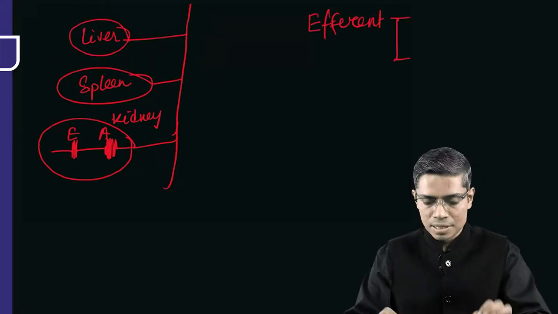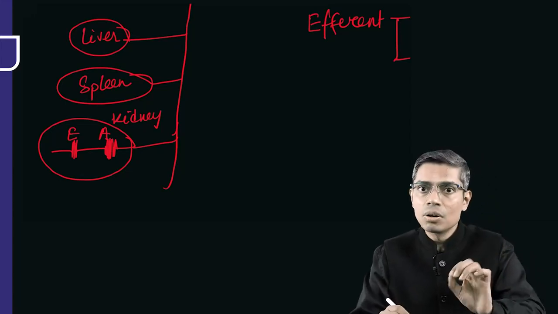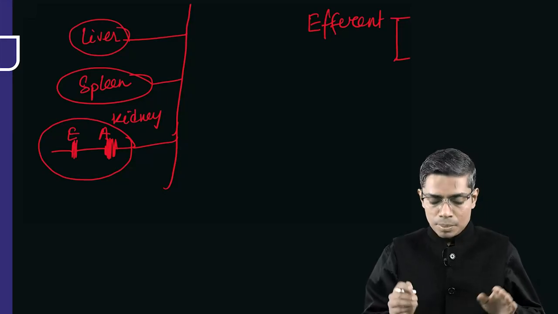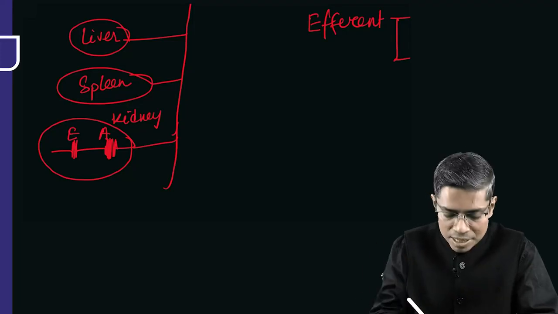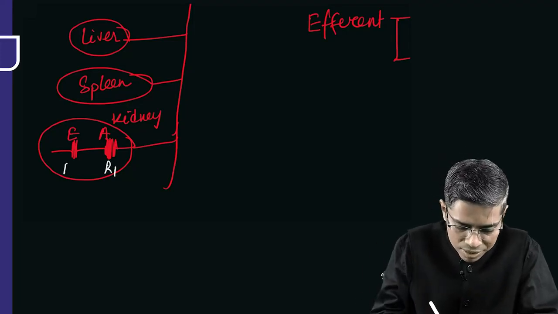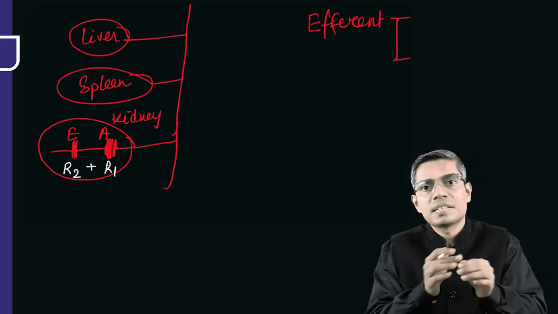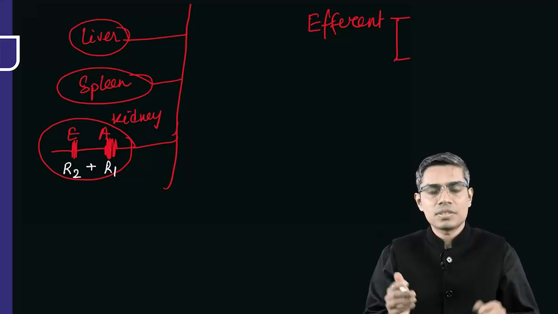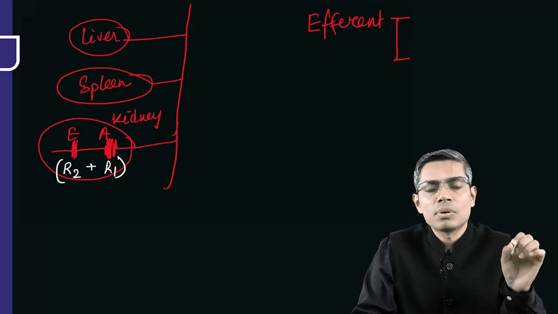They are in a series circuit. Means if this is your R1, and this is R2, both of them are in series, means the total resistance of the kidney is nothing but R1 plus R2.